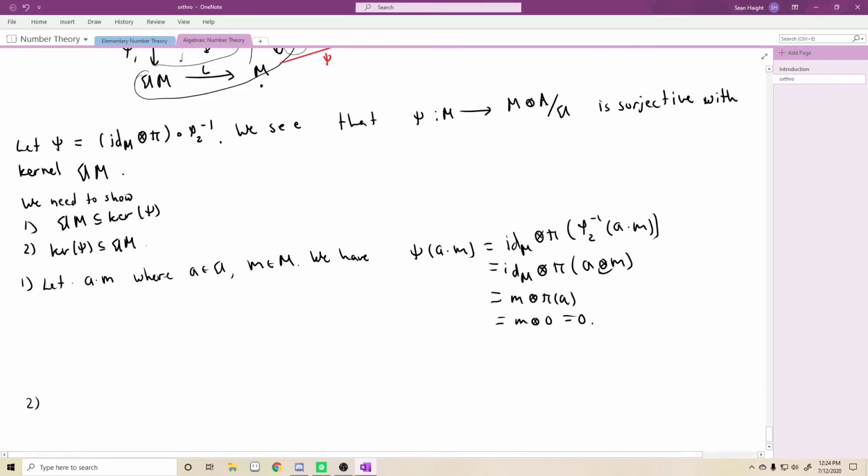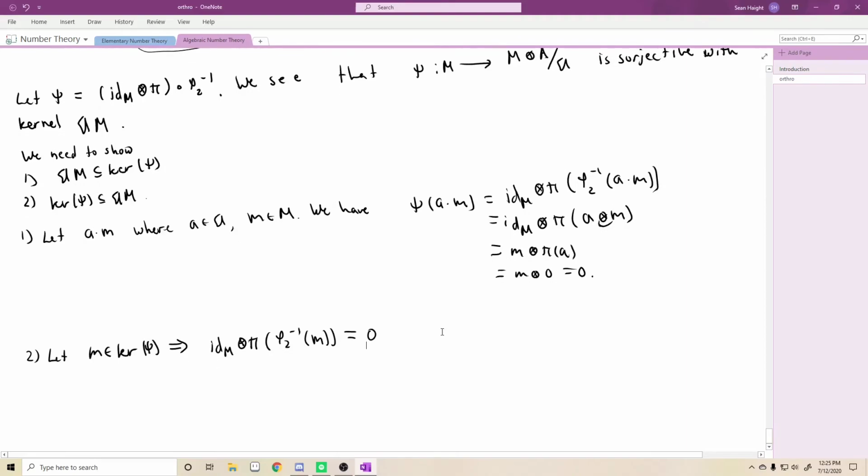Proof 2, I need to show that the kernel of psi is contained in this thing. So let's say m is in the kernel of psi. What does this mean? This means that id_m tensor pi of varphi2 inverse of m equals 0 in this tensor product.